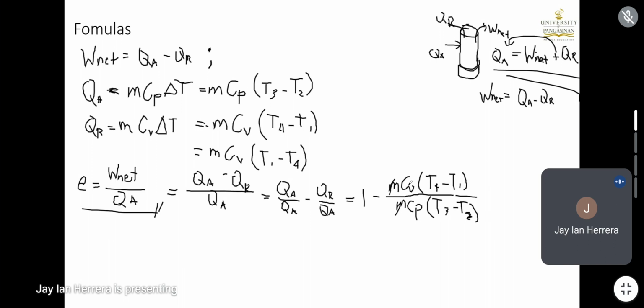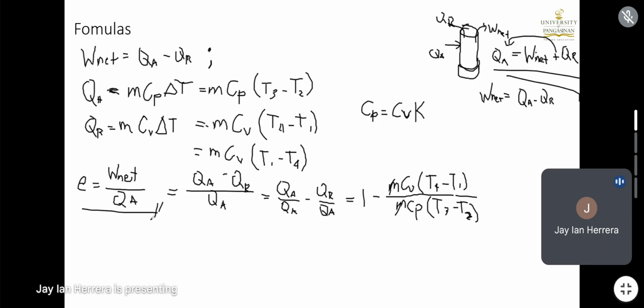But recalling from our Thermo 1, di ba meron tayo nung under specific heat na topic, meron tayo nung formula na CP is equivalent to CV times K. Kung ma-recall niyo yan, pwede niyong balikan yung notebooks niyo later.